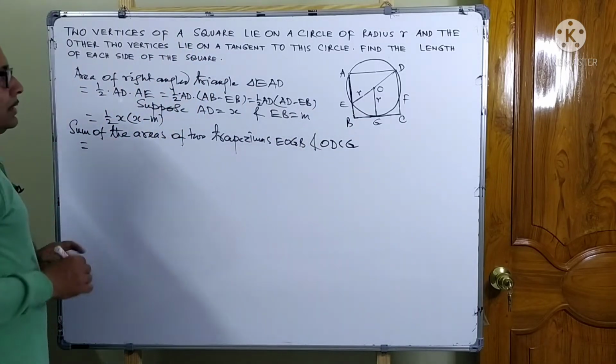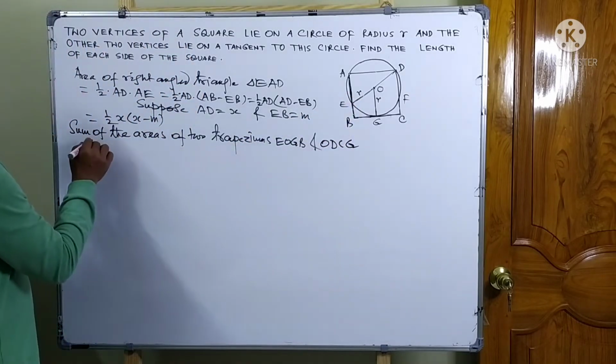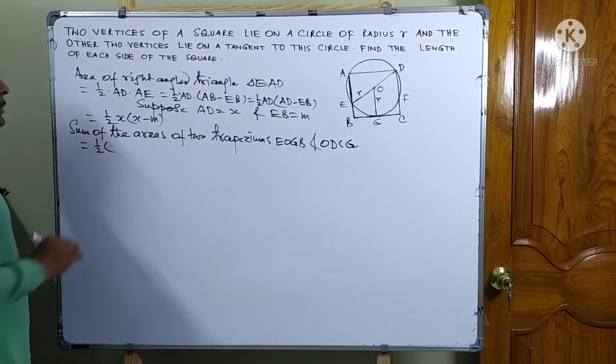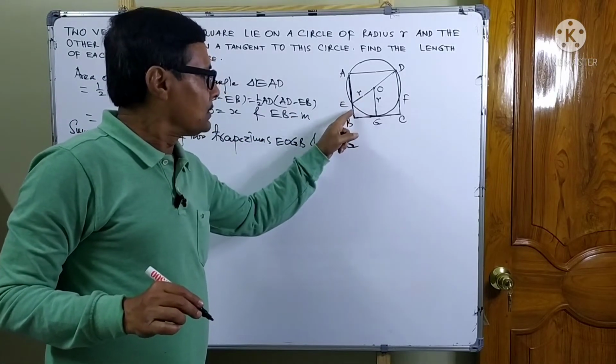So, we can write area of this trapezium is equal to half multiplied by the sum of parallel sides.